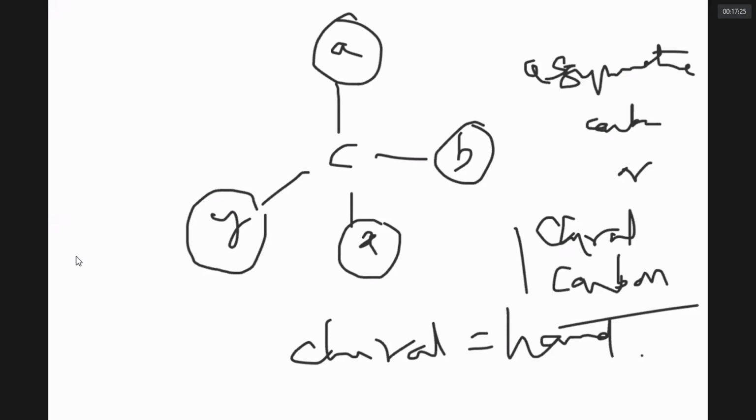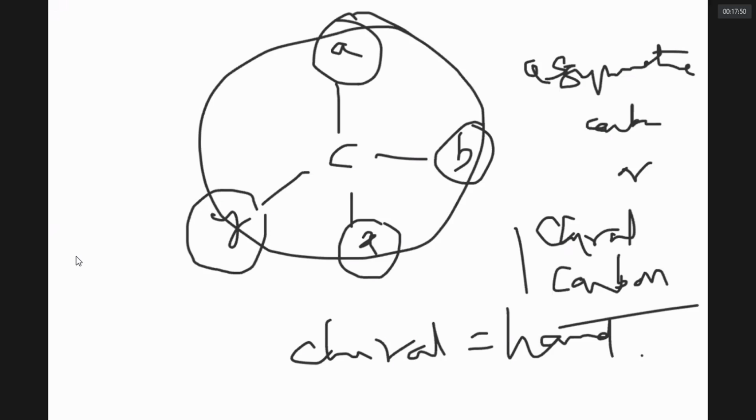To be optically active, a molecule should be chiral. And notice, if any compound has an asymmetric carbon, a carbon locked to 4 different groups, definitely it is optically active.